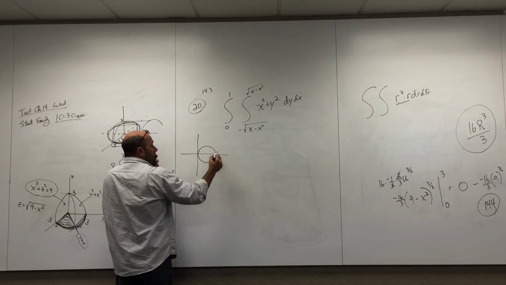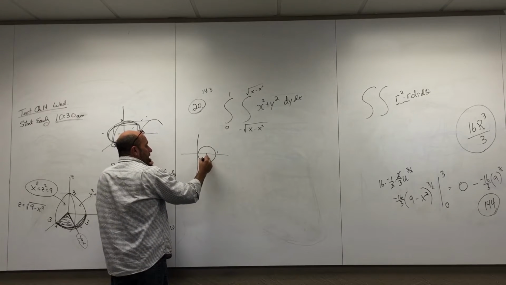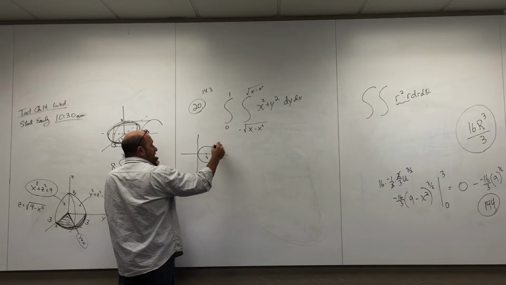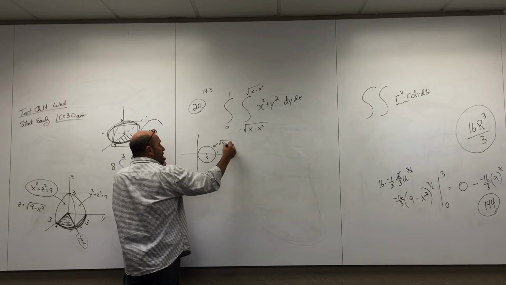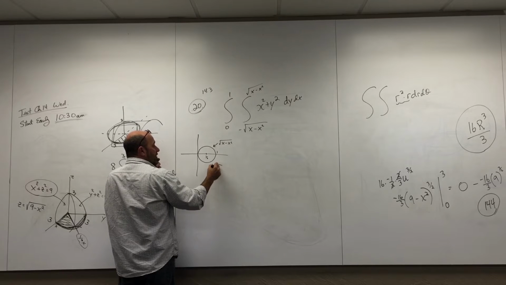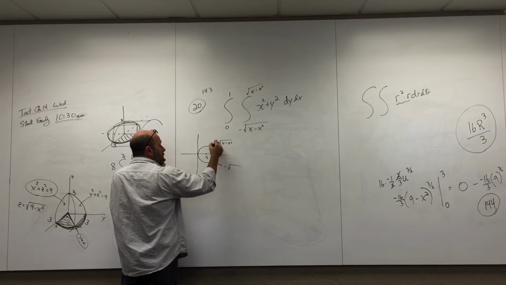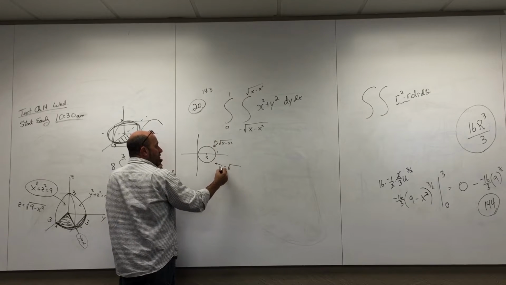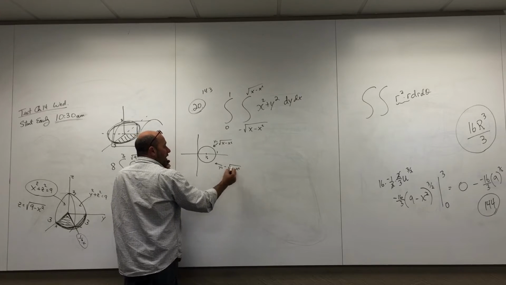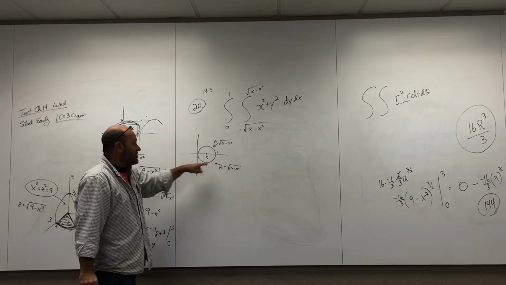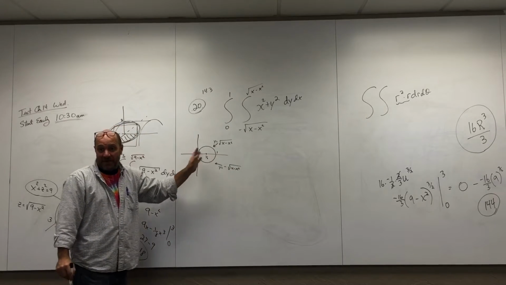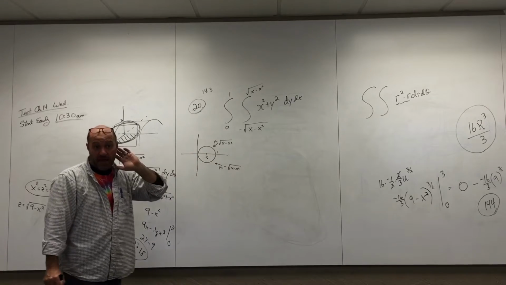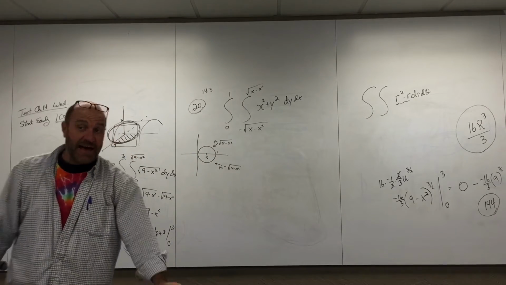So I think one of these is the top half of this square root, and the other one is the negative square root. This is y equals the positive square root, and y equals the negative square root. So really it's just a circle of diameter 1, radius a half, I guess, sitting off to the side like that.